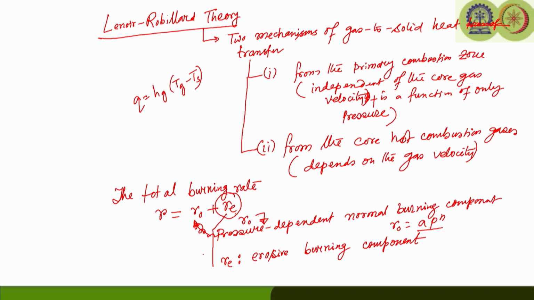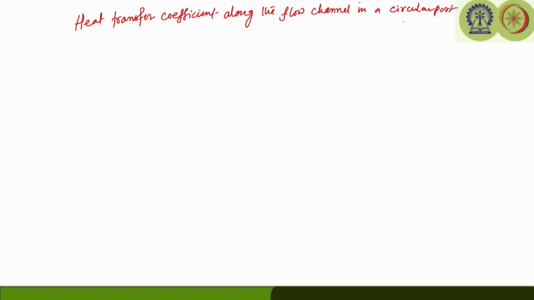If we want to find the heat transfer coefficient along the flow channel in a circular port, we can simply refer to the literature. Most occasions we use this cylindrical port where the internal port has a circular cross section. So, we can use this semi empirical correlation.